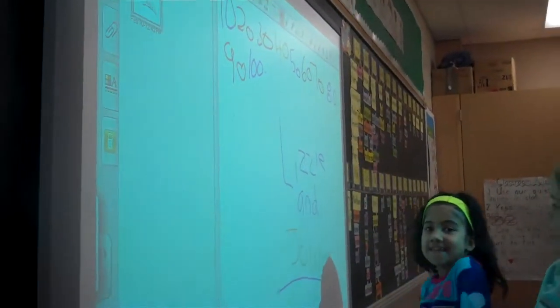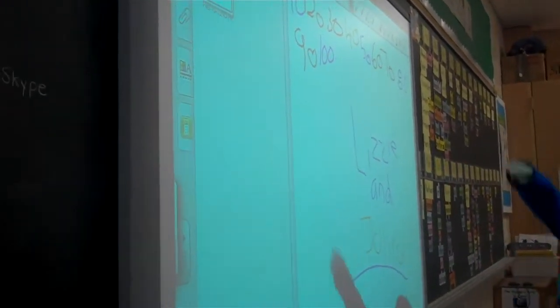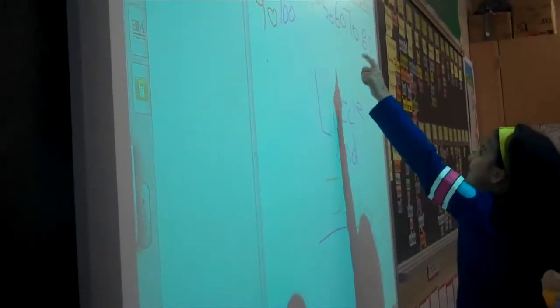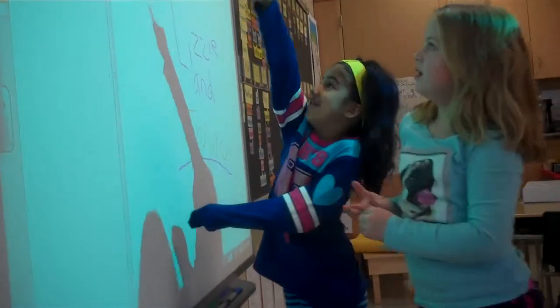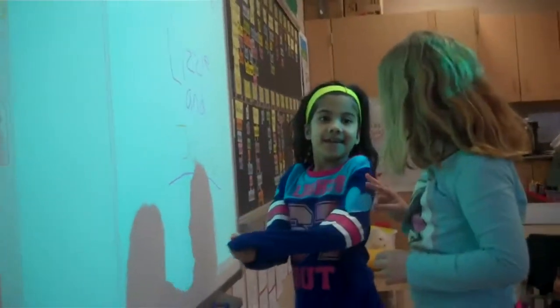What did you do? Okay, go on up. We did the same. We counted by 10. Okay. And we did 10, 20, 30, 40, 50, 60, 70, 80, 90, 100. And then we counted by ones to 100. Why did you do that?